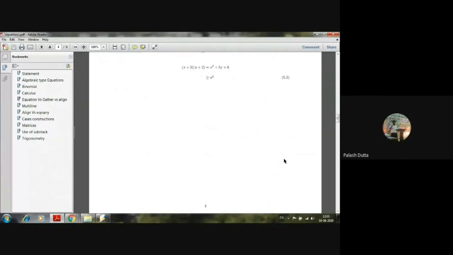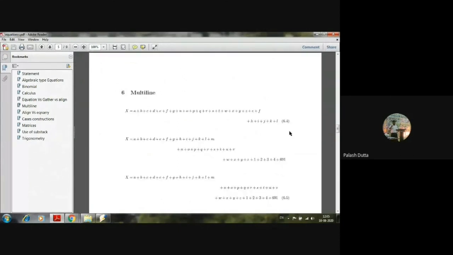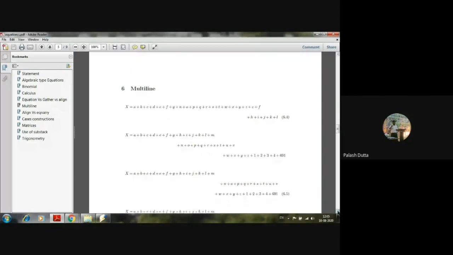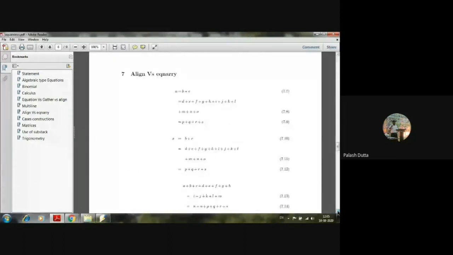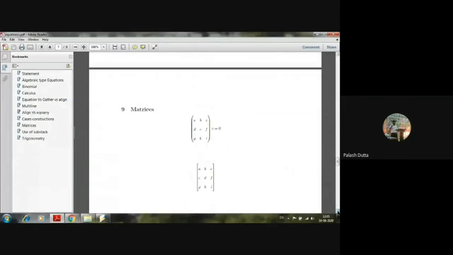In this way we write this multi-line equation under section 6, so the numbers are first 6.4, then 6.5. In this way we can have these expressions and numbers.